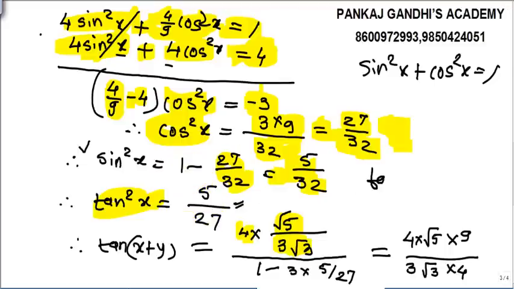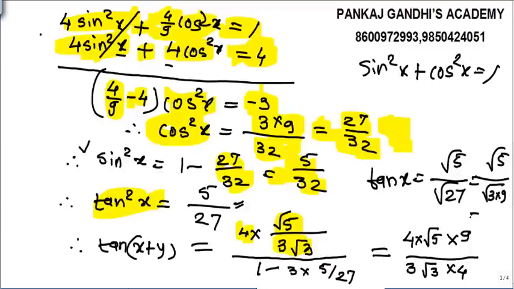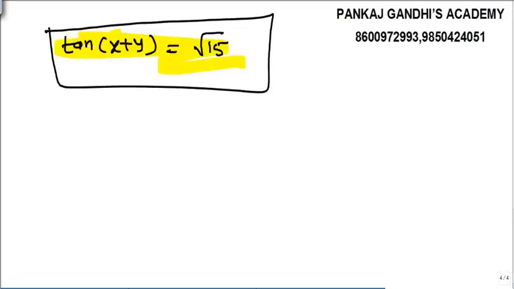Root of 27 is nothing but root of 3 into 9. So obviously we can write this as root 5 divided by 3 root 3. So here the tan x value is this, not under the root, because there is a square, that's why. So root 5 upon 3 into root 3, 1 minus 3 into tan square x, 5 into 27. Solve it, and we will get the value root 15.